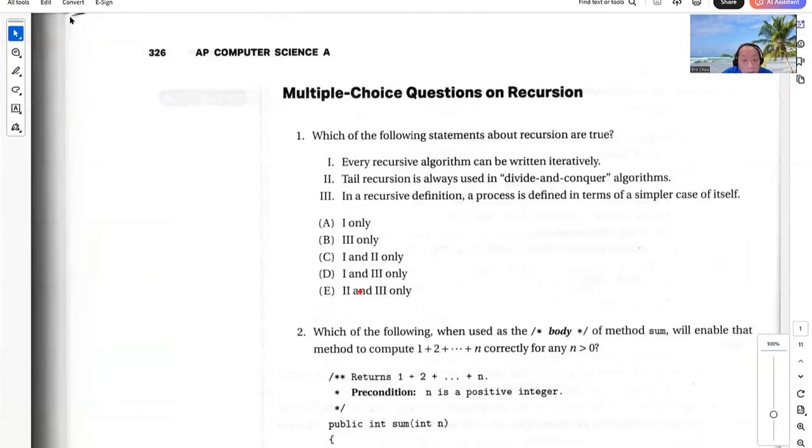Okay, this time let's actually get started from Benjamin. Benjamin, number one. Which of the following statements is true about recursion?